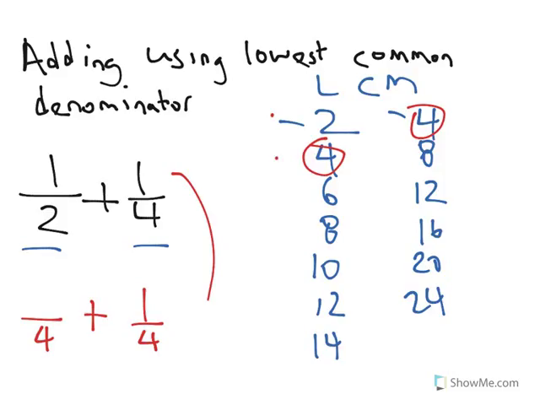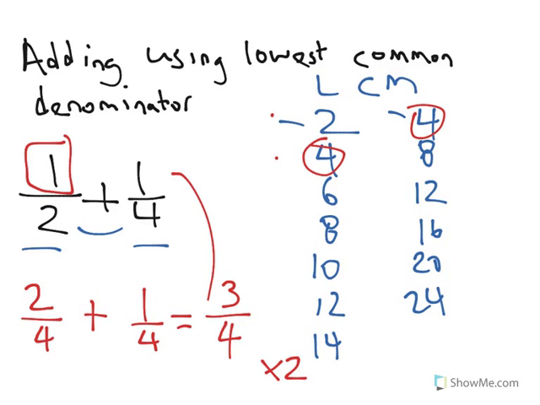When I go down 2 levels, I like to think about it as times 2. And so whatever the numerator is, in this case here, the numerator is 1. I have to multiply that by whatever level I'm at. So it's going to be 1 times 2, which is just going to be 2. Then I have a common denominator, and I can add the two numerators together, and that's my answer.